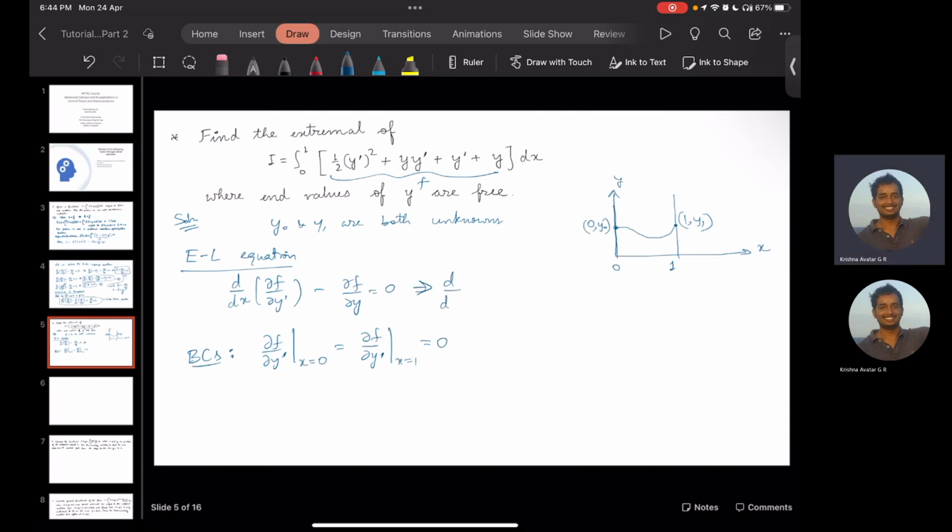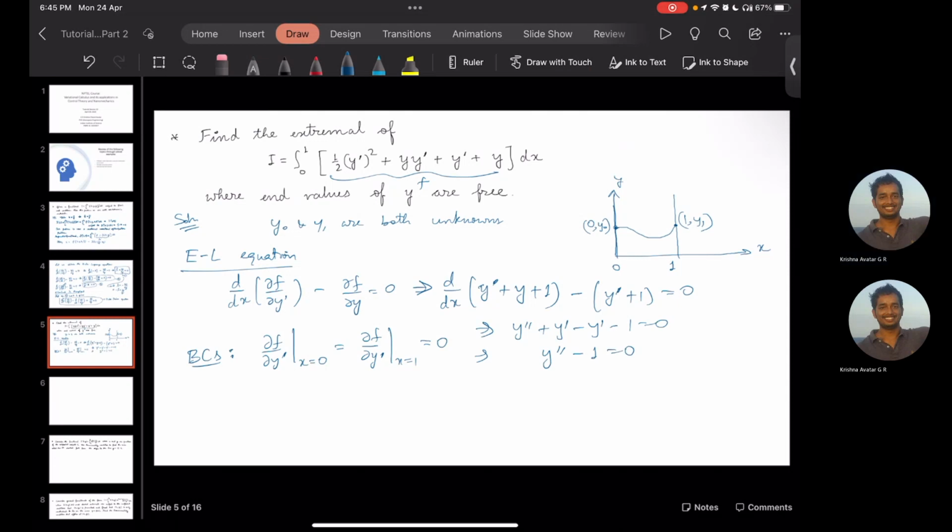Okay, now let's find our Euler-Lagrange equation. This means that d/dx of ∂f/∂y prime is y double prime plus y prime plus 1, fine, and then minus of y prime plus 1 is equal to 0. And after this, what you have is y double prime plus y prime minus y prime minus 1 is equal to 0, and then you clearly have y double prime minus 1 is equal to 0, is it not?